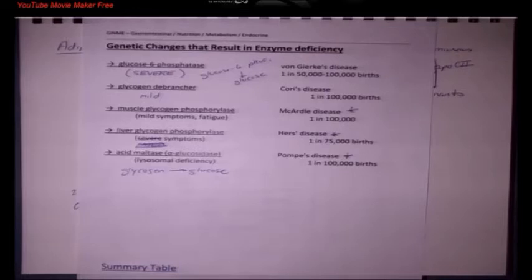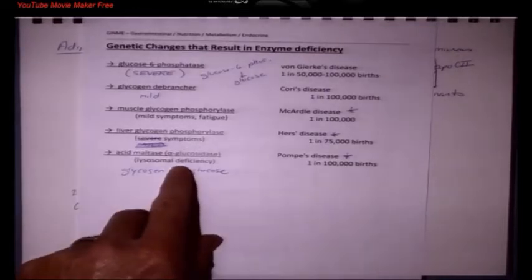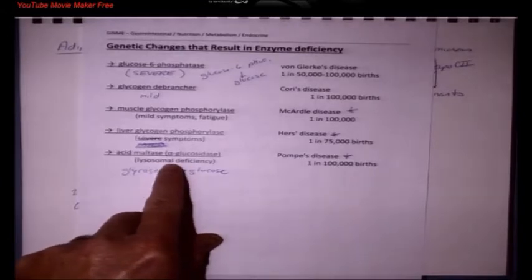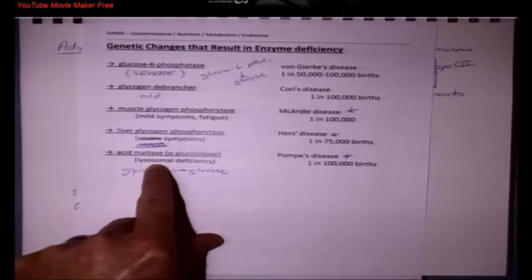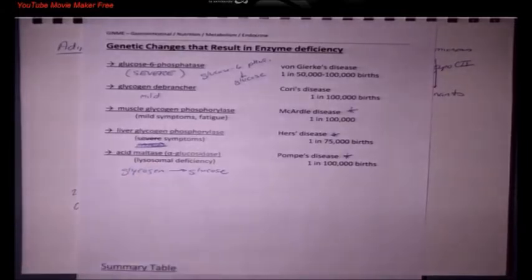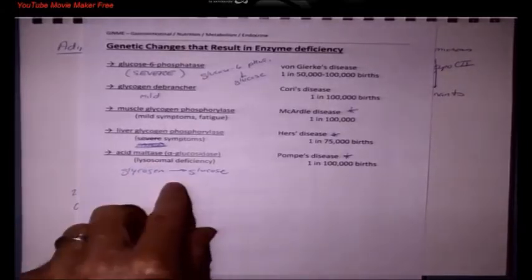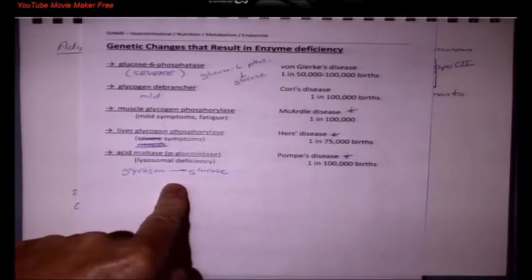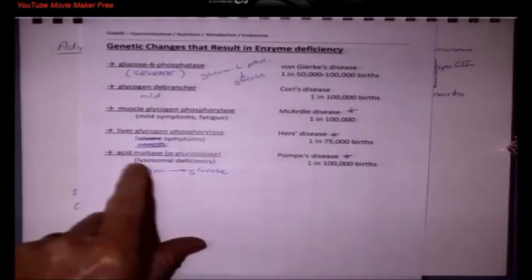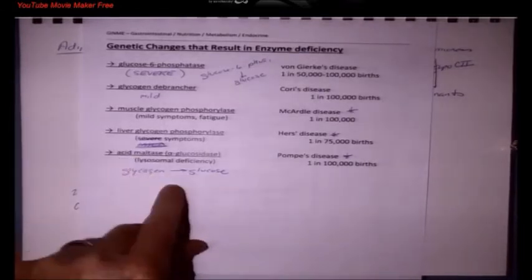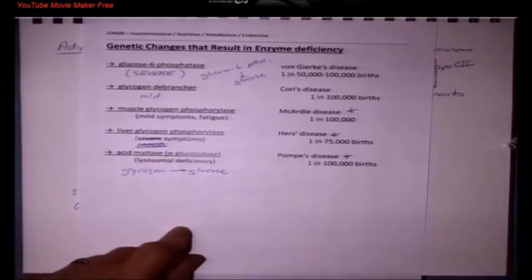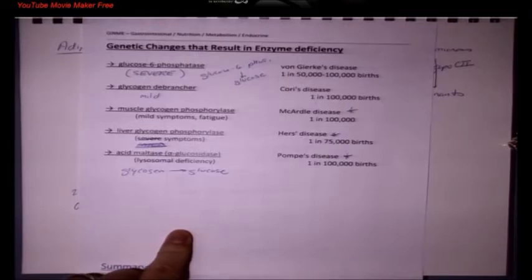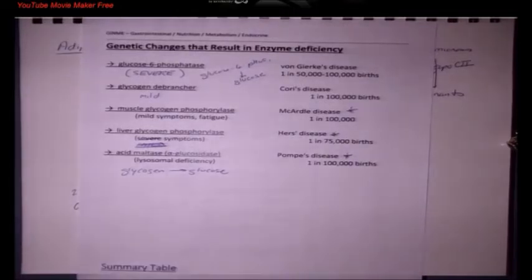But there's a mechanism that is completely uncharacterized by which some of that cytoplasmic glycogen can get into lysosomal compartments. Once you're in a lysosomal compartment, you've got to cleave off the glucose residues. There is no glycogen phosphorylase in the lysosome. So we use acid maltase because of the low pH in the lysosome, and we use the enzyme called maltase. That leads to Pompe's disease.